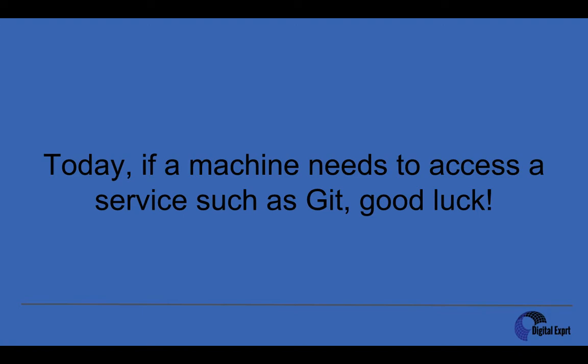Therefore, machines are out of luck with Git. So Git is an example of a system or a service that is not very well behaved in the world of system programming.